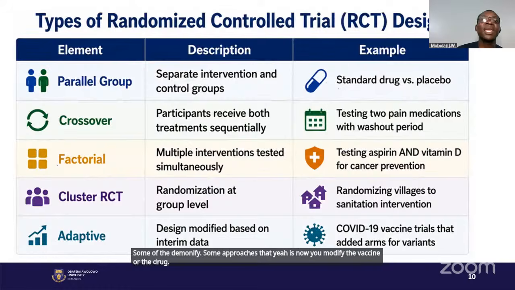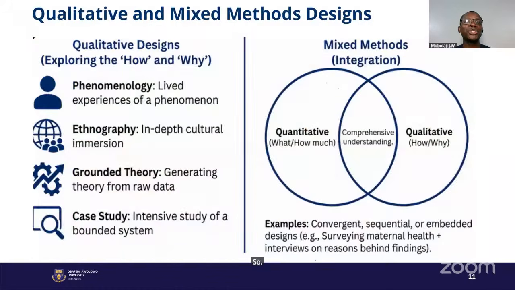So now we go to qualitative and mixed methods design. I put the two together because over time, mixed method design has proved very useful in handling complex research questions. So for qualitative design, one could use a phenomenology approach.